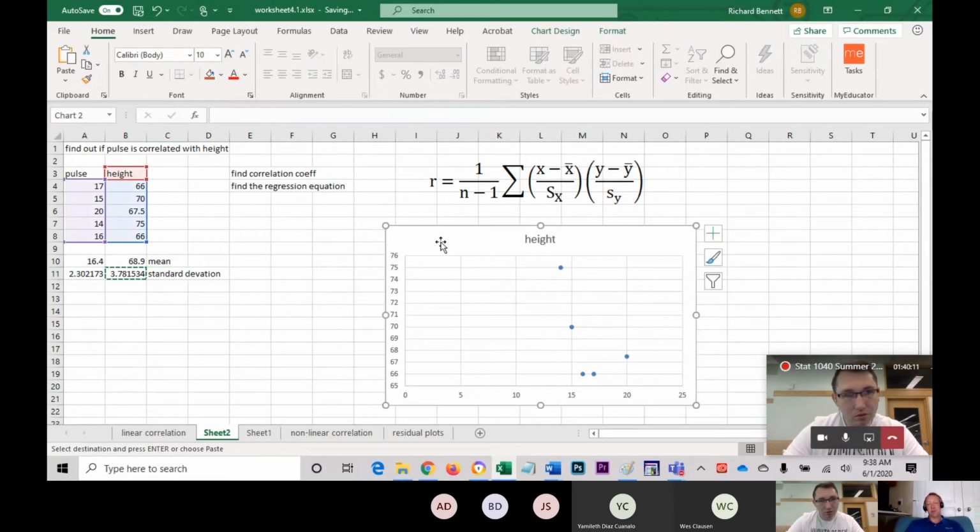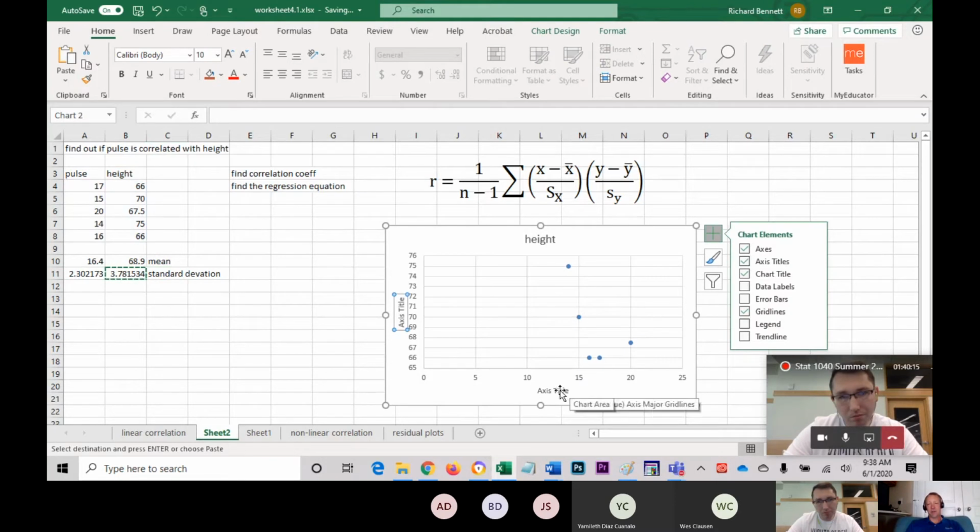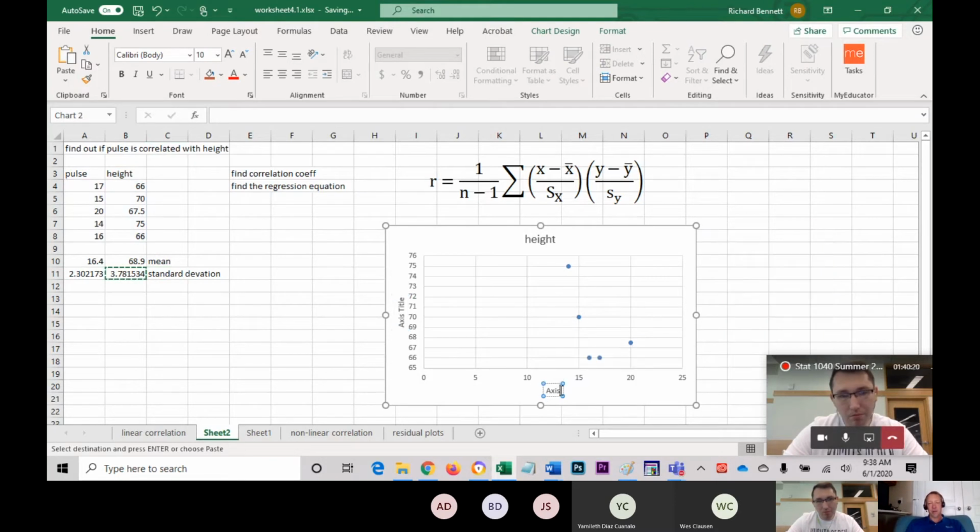Okay, so first step was find your scatter plot. You need to label it properly. These are beats per 15 seconds. This is height in inches. This is your math 1040 class.